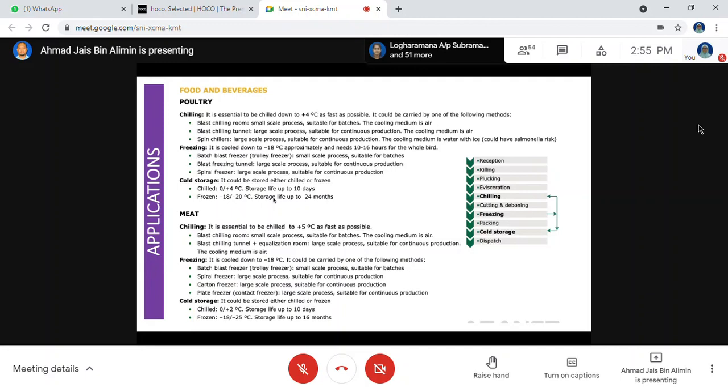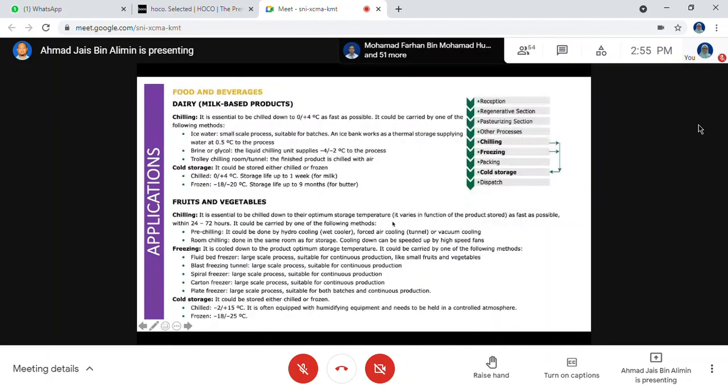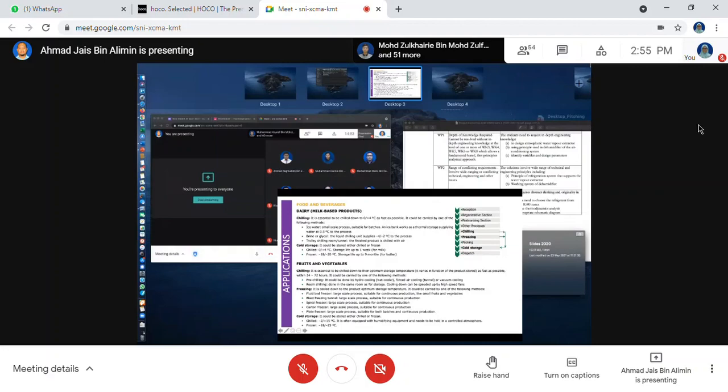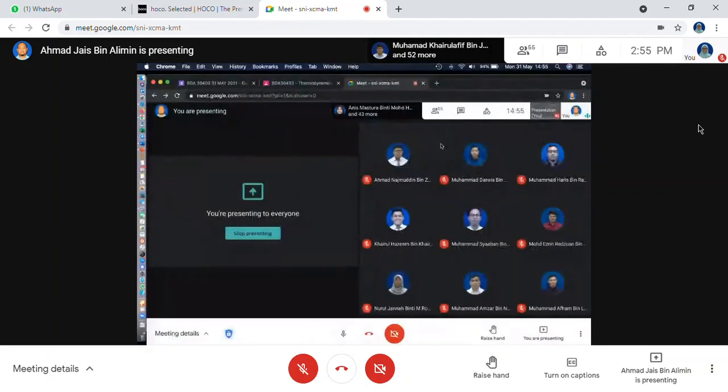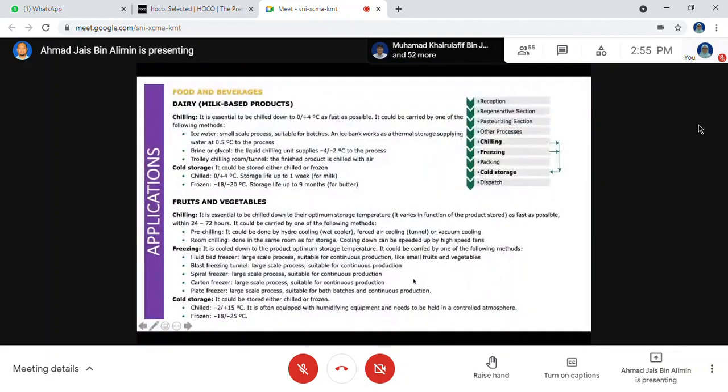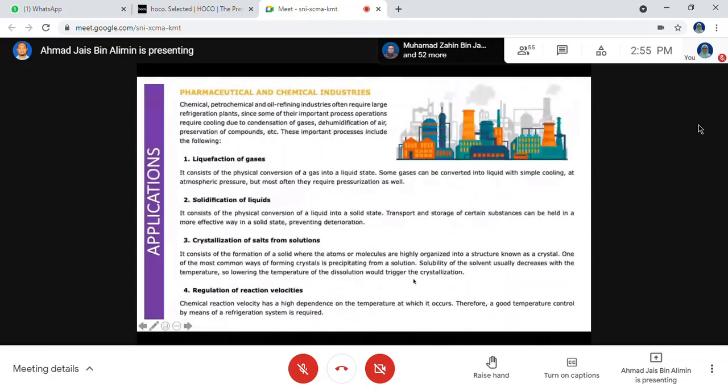So what evaporator, and then what will be the best type of refrigerant to be used. So these are the indicators. Okay, and then if you are into the food and beverage industries, also the users, those who are involved in the preparation of foods, they need to make sure that all the foods are stored at the required working temperature.